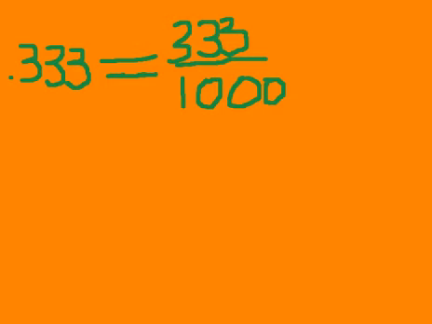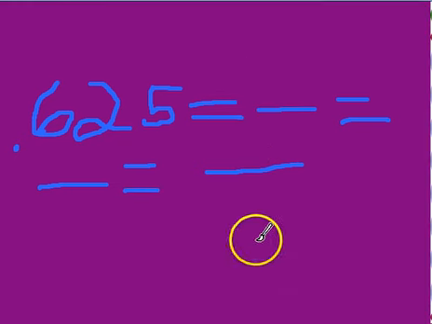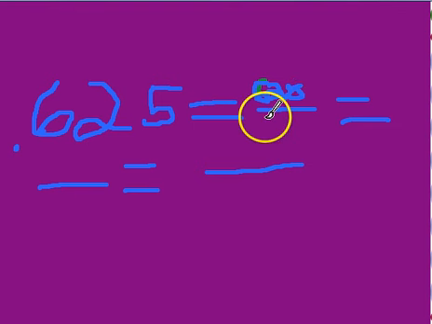Now, let's try another. Okay, so now we're going to do 625 thousandths. So we'd put the 625 on the top since it's 625 thousandths. And then you'd put 1,000 on the bottom.